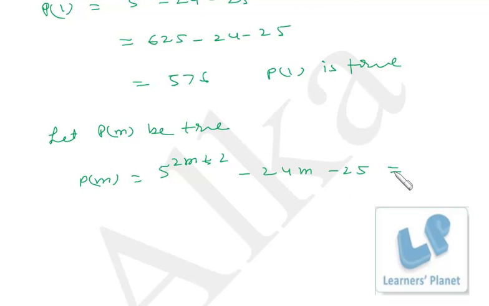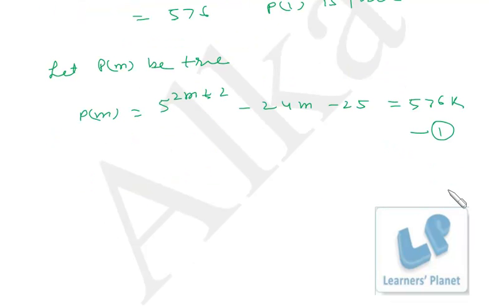So this expression can be written as 576k. Okay, the same way we have done the previous problem. So 5 raised to 2m plus 2 minus 24m minus 25 is 576k. Okay, now we have to prove that P(m+1) is true.